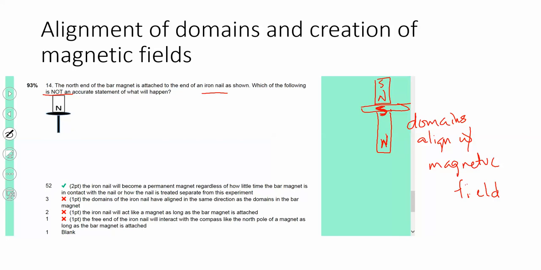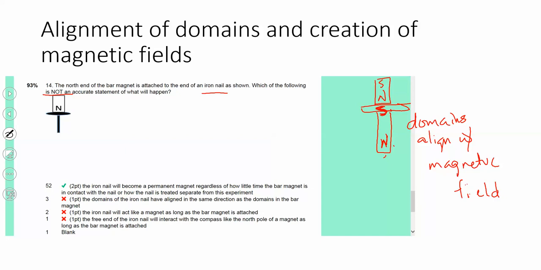So this end will end up doing everything that the north end of the compass needle will, as long as the magnet's attached. If I leave it attached for a very short period of time, the effects of this alignment will kind of go away. If I leave it attached for a few minutes, we might get the nail to hold the magnetic effect.